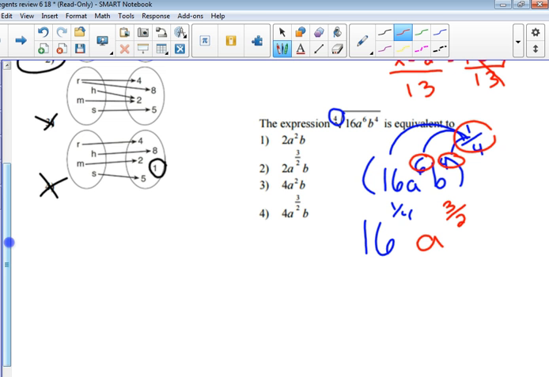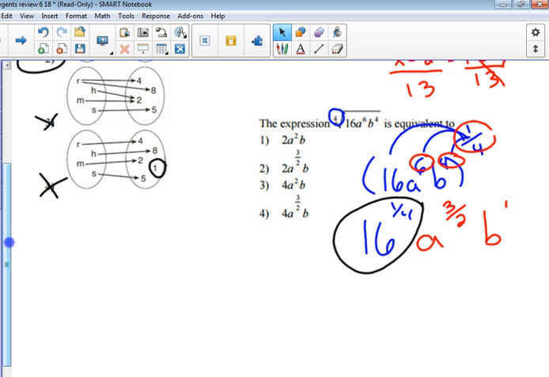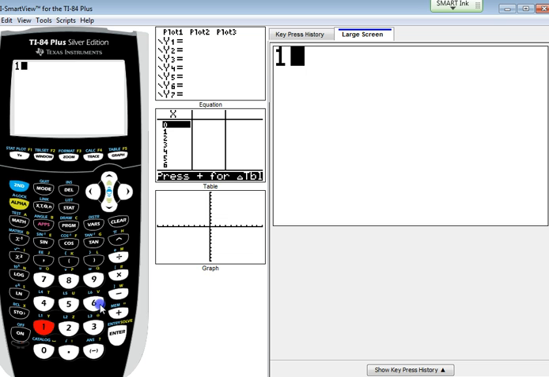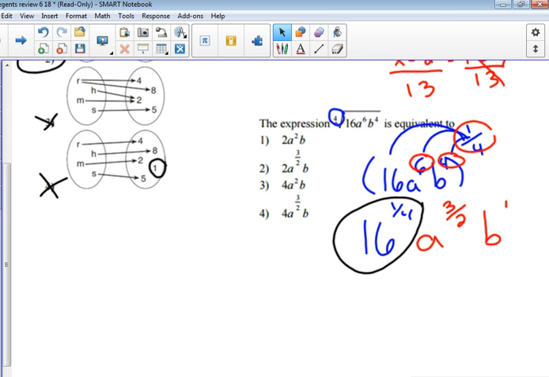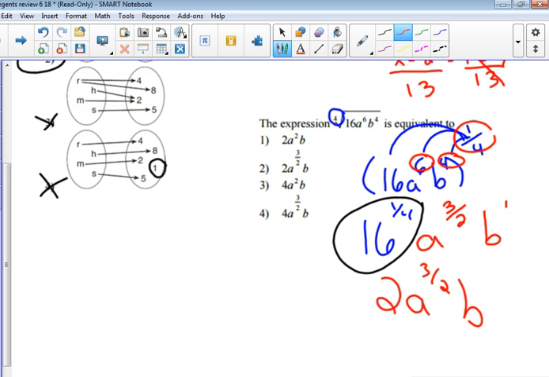Then what about 4 times 1/4? 1. Okay. Now, when we go to reduce this, make sure it's 16 to the power 1/4, not 16 times 1/4. So 16 to the 1/4 is 2. Perfect. So it should be 2 a to the 3/2 b. Choice 2.